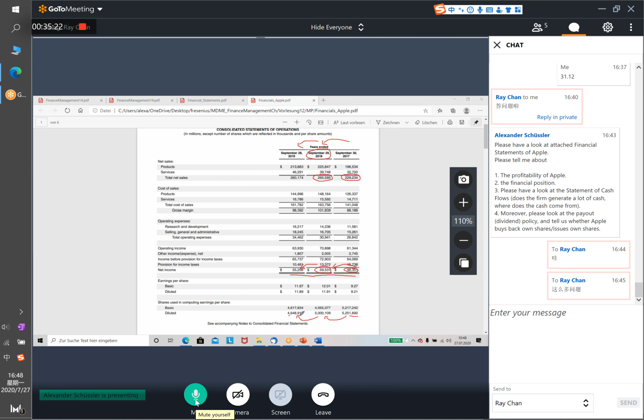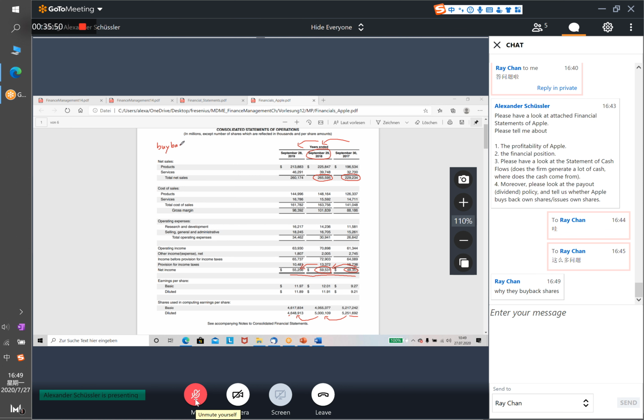And maybe the share price is lower and lower. No, it's not about the share price being lower, it's about the company, about Apple buying back shares.